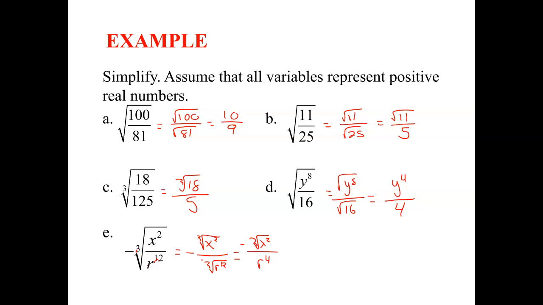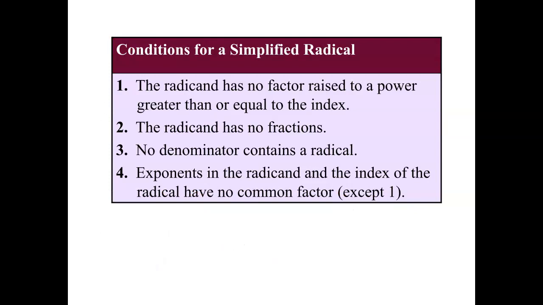All right. So product and quotient rule. What we do is we combine those and use them in order to simplify radicals that aren't necessarily perfect squares. Okay? So what constitutes a completely simplified radical? 1, no fractions inside the radical. 2, no radicals in denominators of fractions.